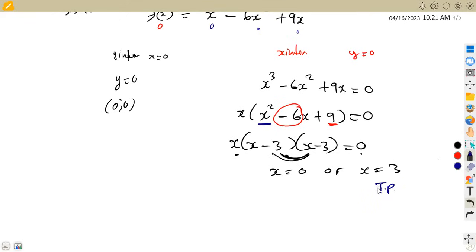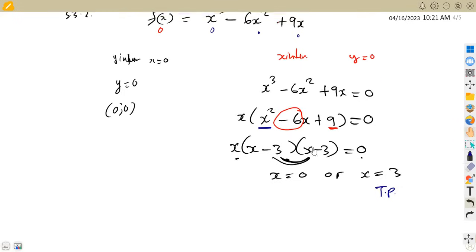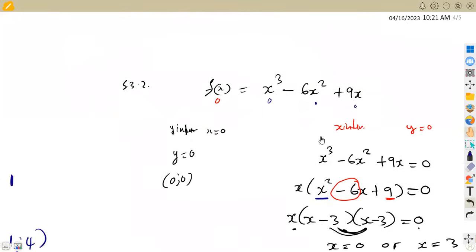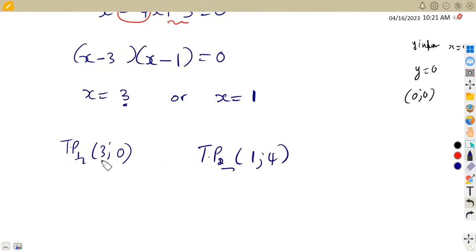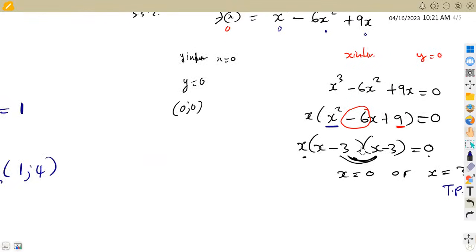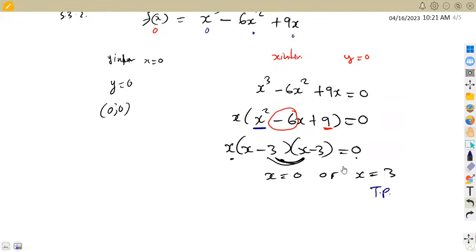It's a solution that we are talking about. It's also a turning point. If you verify on your turning points, you must have a turning point at x equal to 3. And this is happening here. At x equal to 3, it's a turning point. So that is what it means in this case. If you have a condition like this, that point is a turning point and it's also a solution.